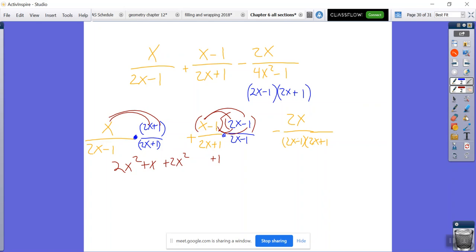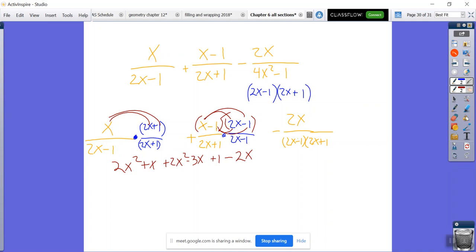So remember -2x. We also have x times -1, which is negative x. Perfect. So -x minus 2x is negative 3x. There we go. All right, and then we still have the minus 2x.